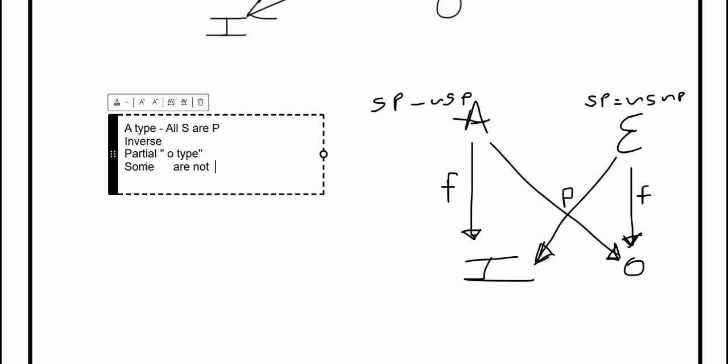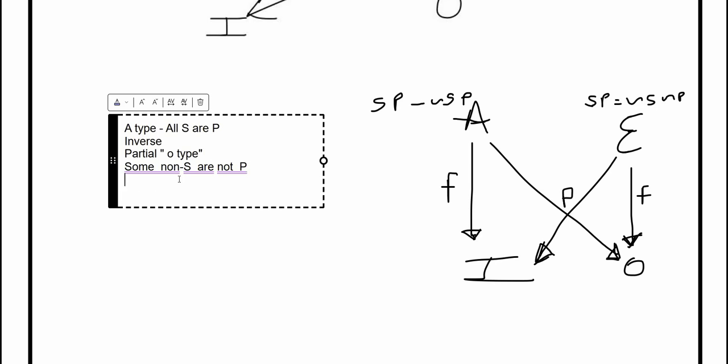Rest all will be put as it comes. So we look at the diagram here. Since we are doing partial, the subject will become non and the predicate will remain as it is. So this will become some non S are not P.